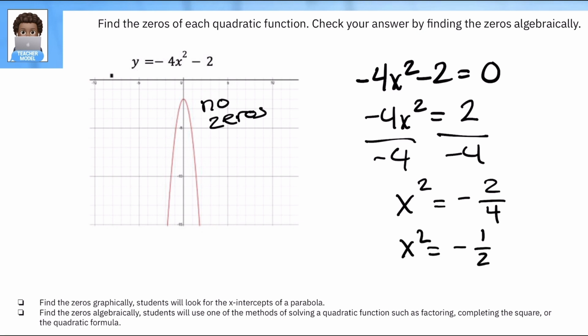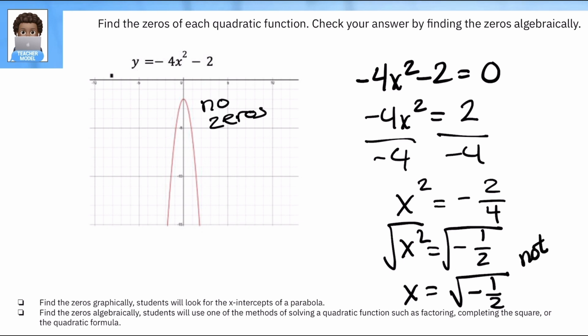But you still have the same problem, right? Because now that you're going to find the square root, you're also, again, finding the square root of a negative number. So x cannot be the square root of negative 1/2. This is not real. No way would that be the square root of a number. So that's it. When you recognize that, that's how you can prove it in your work that there are no zeros in there.